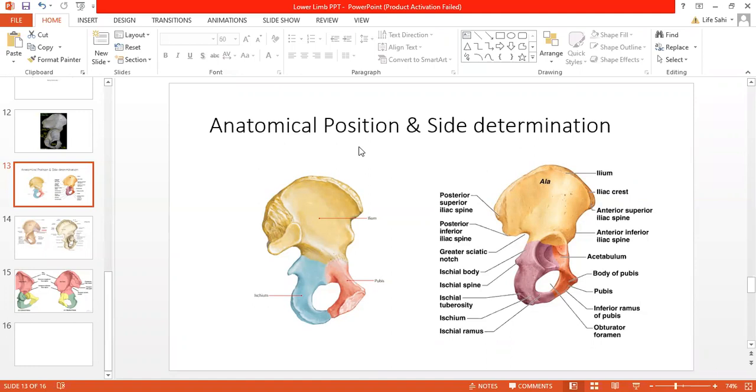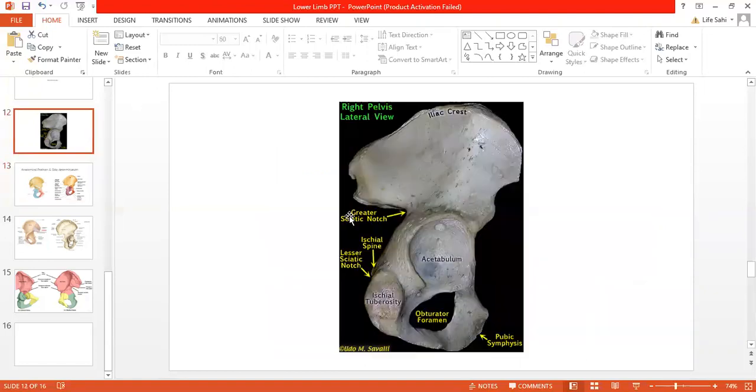To understand the anatomical position of hip bone, we can take into consideration a few bony features of the bone. For example, if we see this picture here, this thin flat part we named earlier as ilium. Ilium superiorly is bounded by a convex border called iliac crest.